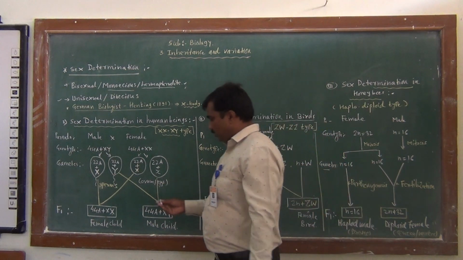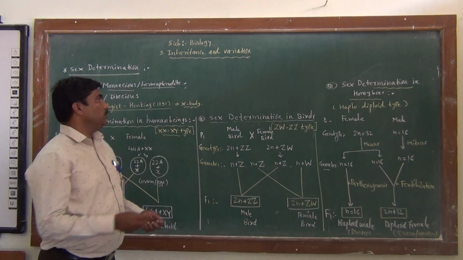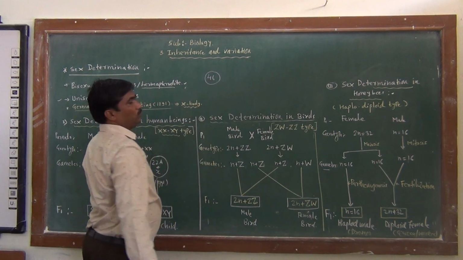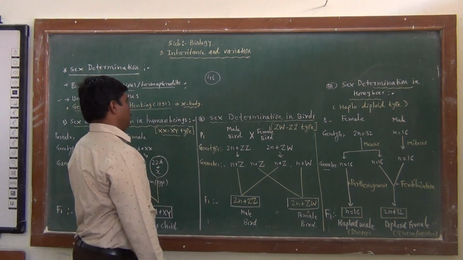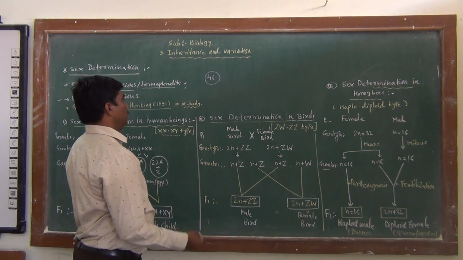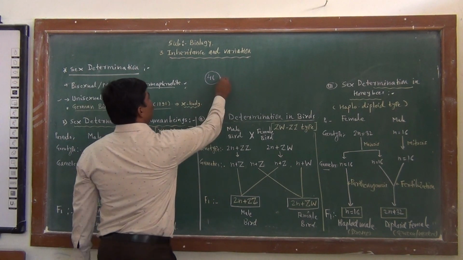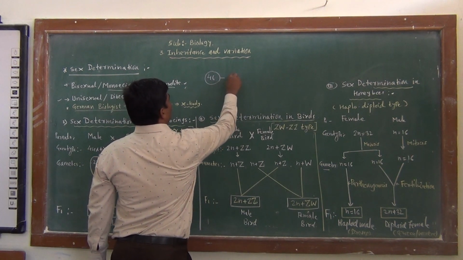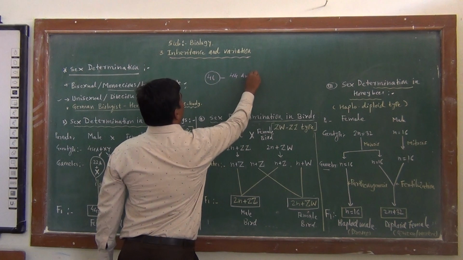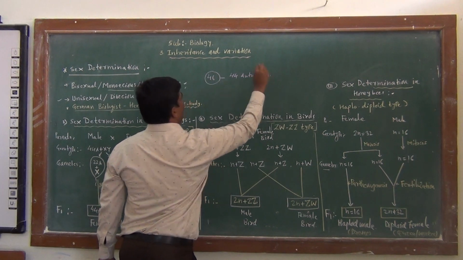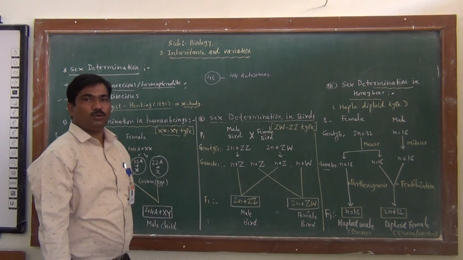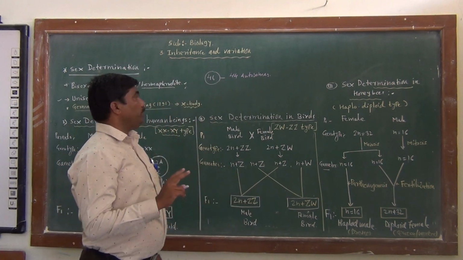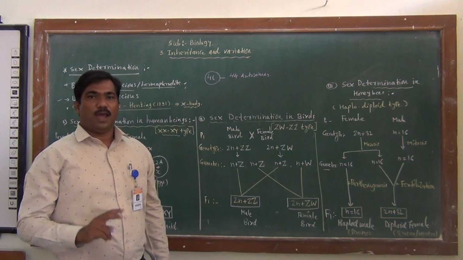You know that in a human being there are 46 chromosomes within a somatic cell, in the diploid condition. Out of these, 44 chromosomes are autosomes, or 22 pairs of autosomes.